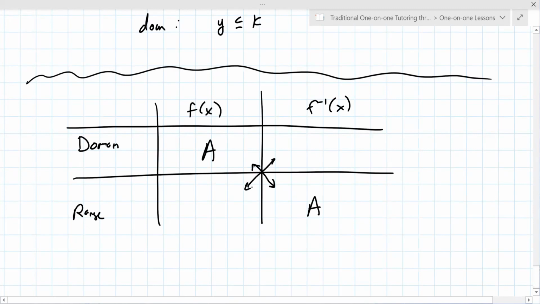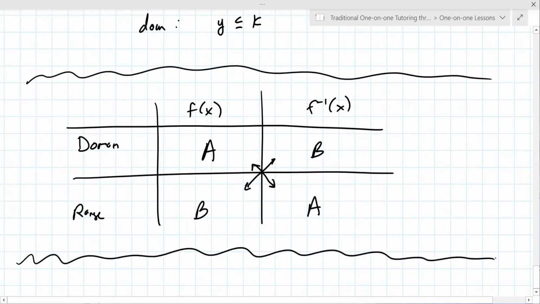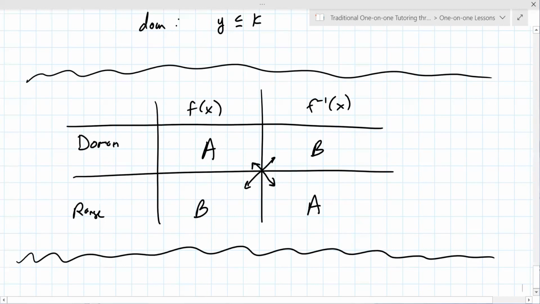Whatever goes here for the range goes up here for the domain. So let's do some more problems, but let's go back to these relationships here.